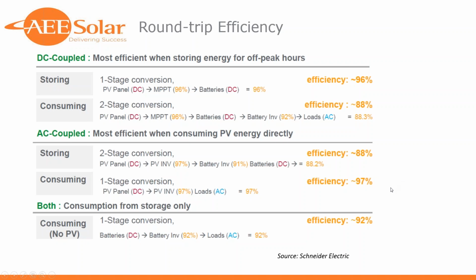In both cases, consuming energy from storage only, where we've stored the energy and we're using it, we're bringing it from the battery through the battery inverter, 92% to support the loads. That functions at 92% efficient. So that's a lot of numbers, and I went through that really quickly.